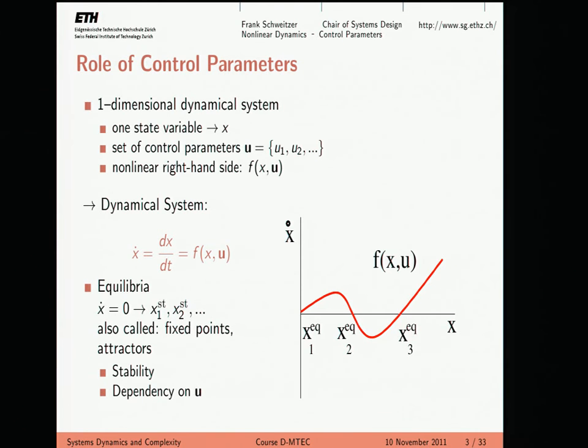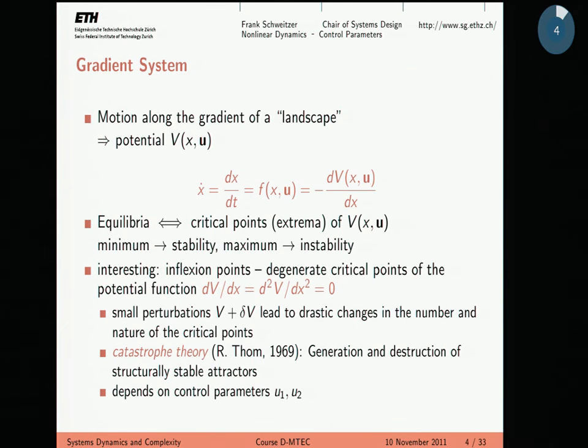Therefore, the direction of steepest increase will have to be calculated by a vector sum, right? So you have x and y direction. You calculate the steepest increase in the x direction, the steepest increase in the y direction. You sum up the two vectors, and you get the direction that you actually go to. So this is the whole idea behind gradient system. You follow the direction of steepest decrease. Sorry.